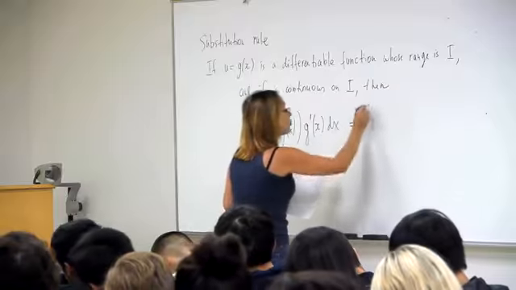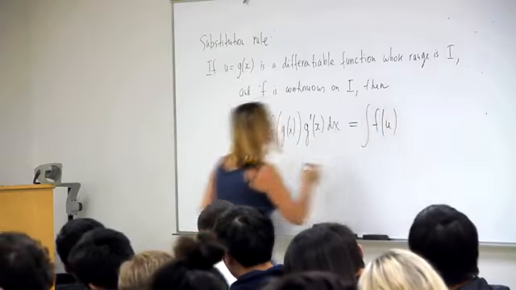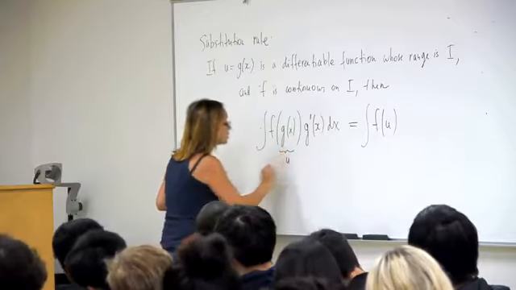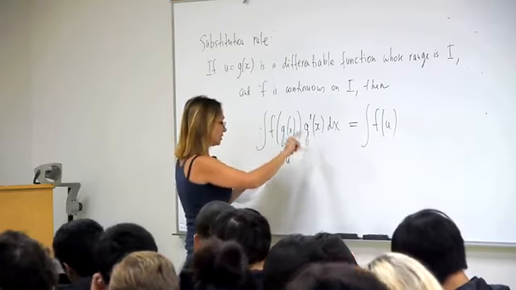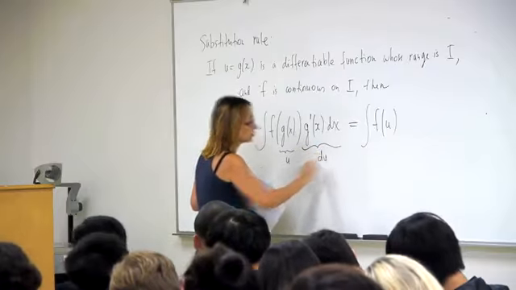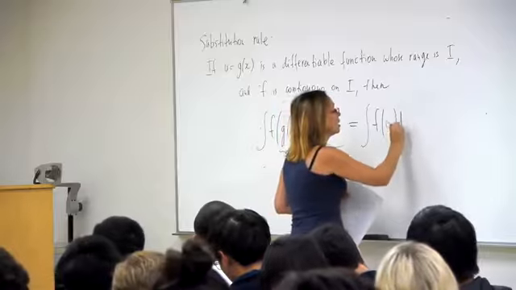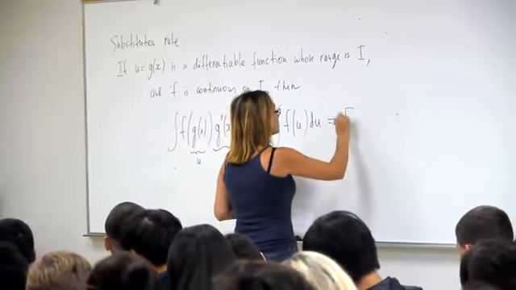I can present it completely as an integral in terms of u by using a change of variables. So g of x is u, f of g of x is f of u, and this thing here is nothing but du. Right? And then I can write down the answer.